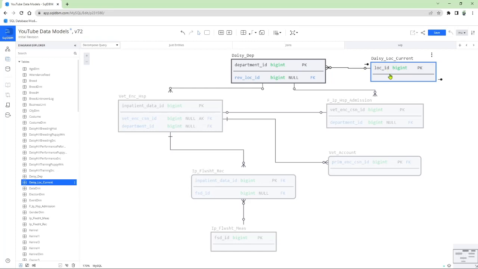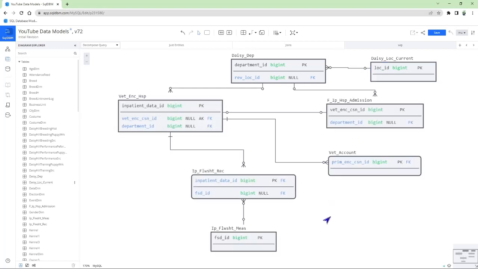So this will give us more information about that location. And this also is being used as an outer join. It is indicated by being nullable here, and the 0 or the open circle within that relationship diagram.